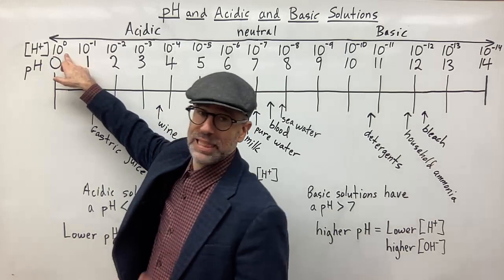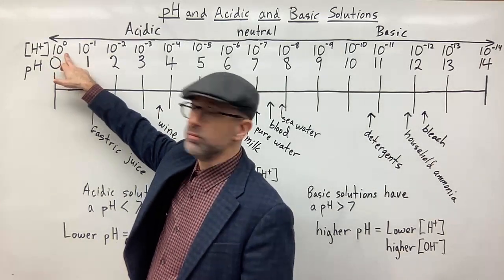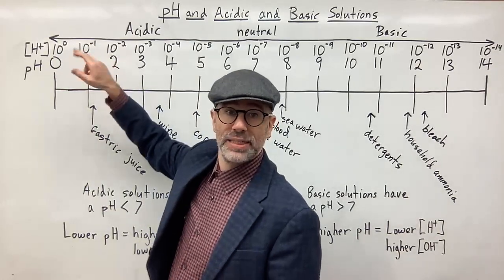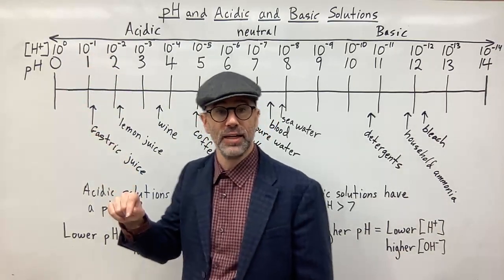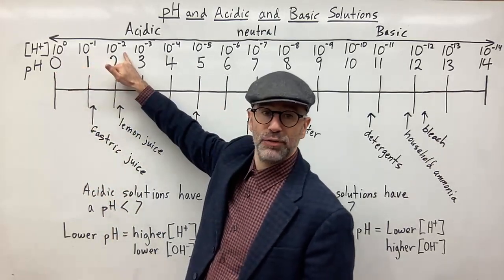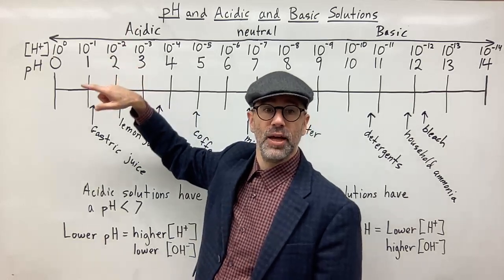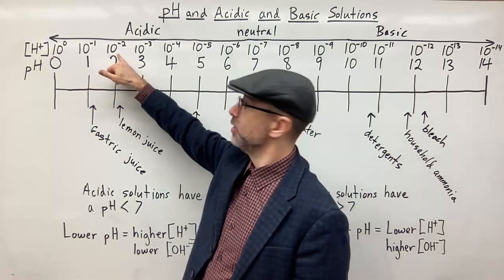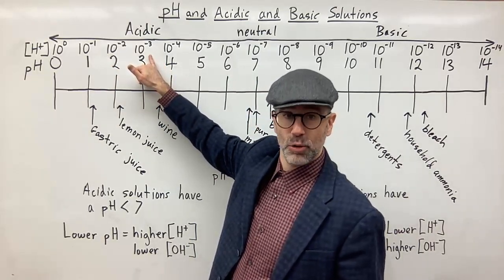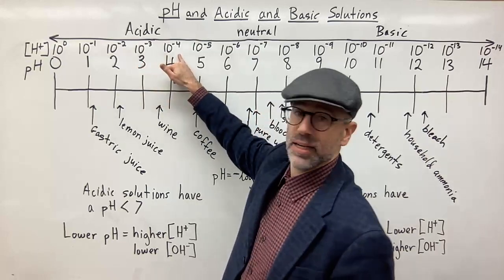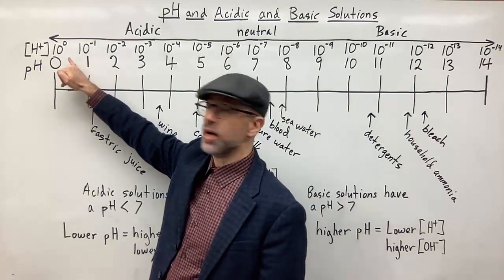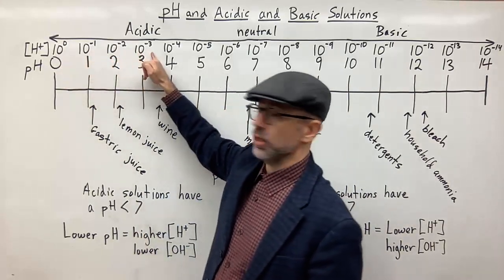So 10 to the 0 is 1, and then we're getting 10 to the negative 1, which is 1 over 10. So we're going from 1 to 1/10. And then 10 to the negative 2 is 1 over 100. So that's 1/100th. And then 10 to the negative 3 is 1 over 1,000, or 1/1000th. And then 10 to the negative 4 is 1 over 10,000 and so on. So the concentration of H plus is getting smaller, not larger.